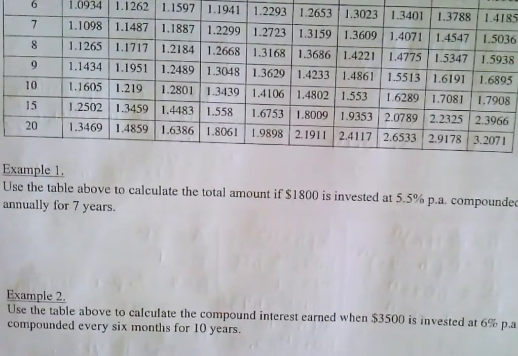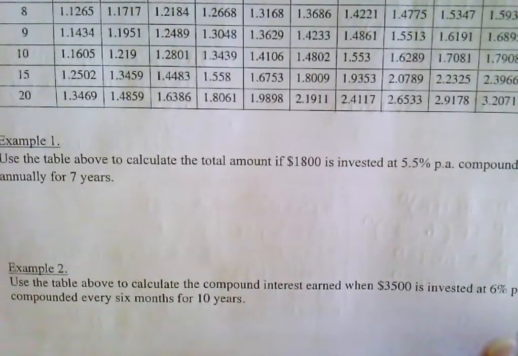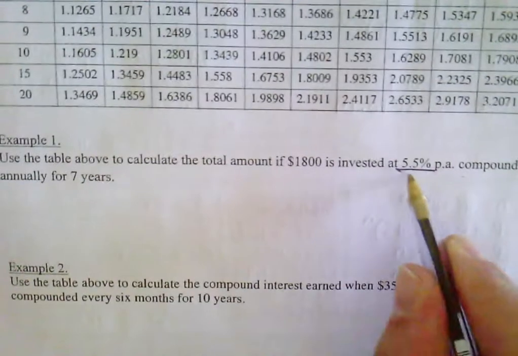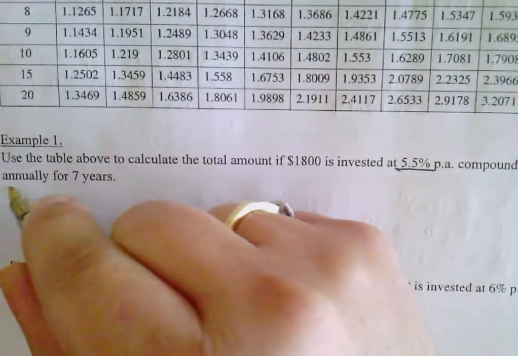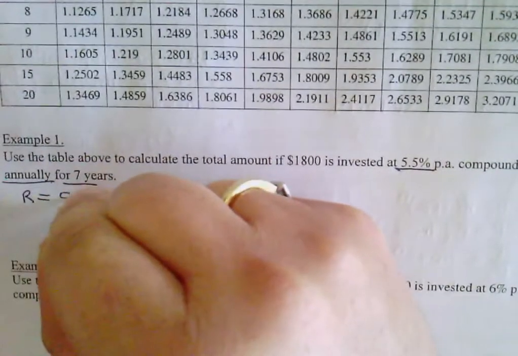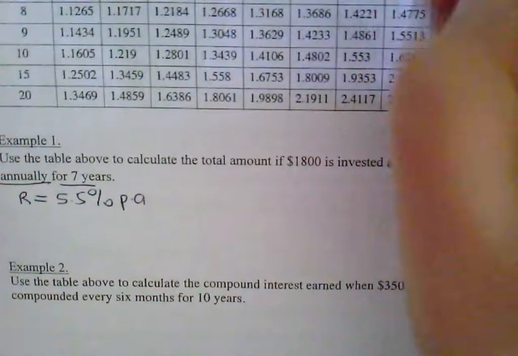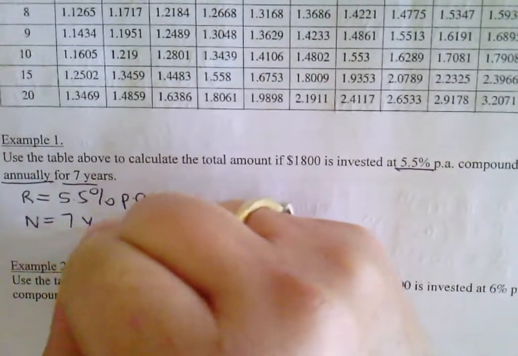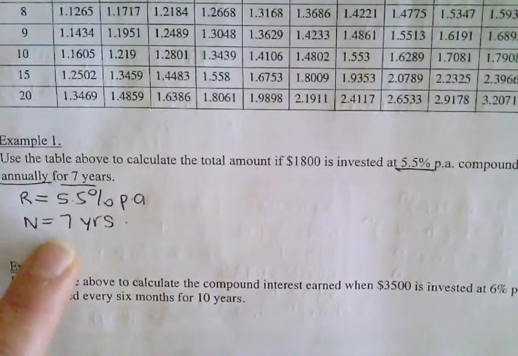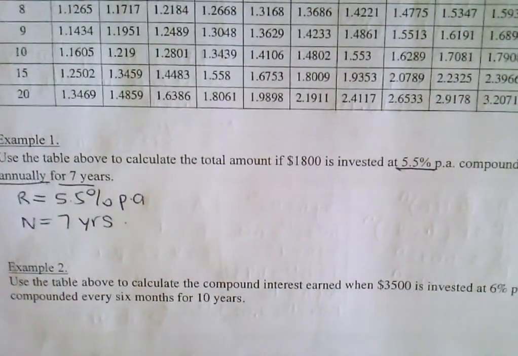Use the table above to calculate the amount if $1,800 is invested at 5.5% per annum annually for 7 years. We look at this question and we say 5.5% per annum. We can see in the table, N is 7 years. The interest rate and the N are the same period, the same units.